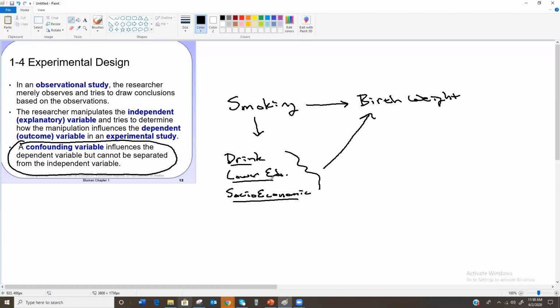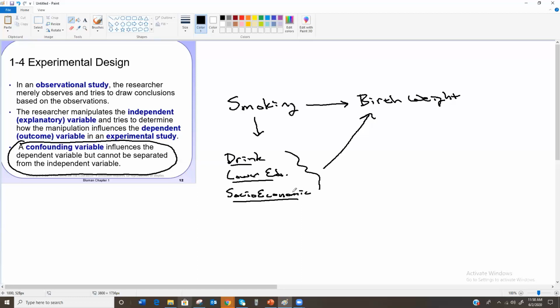Lower education could mean that you don't have access to as much money. Lower education is lower socioeconomic. You don't have as much resources. You don't have as much knowledge, which means you may not know what's good to do during pregnancy or what's not good. You may not have access to as good of prenatal care.